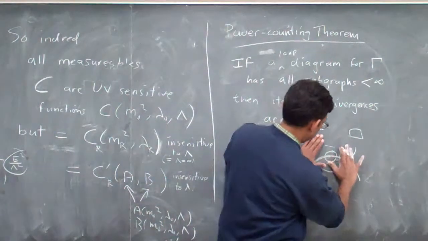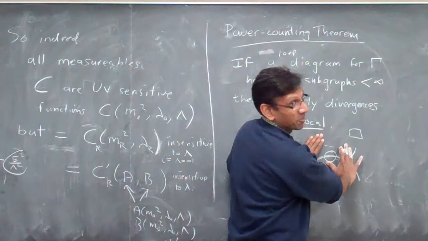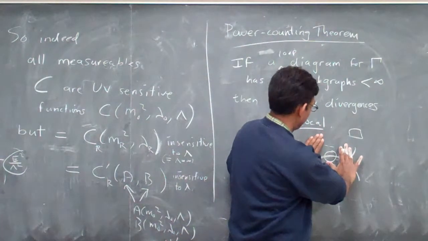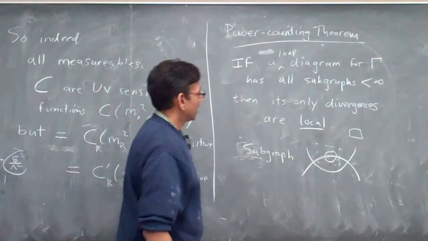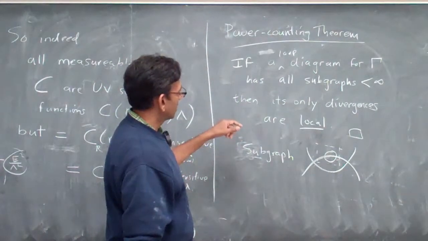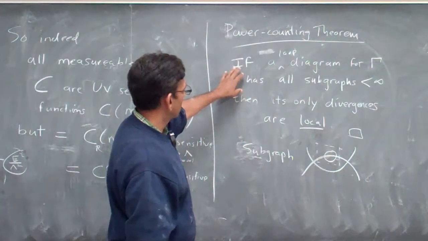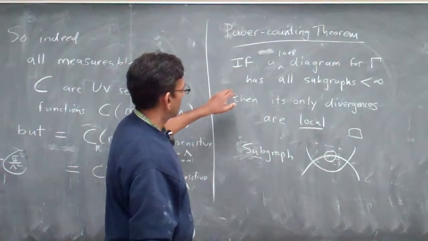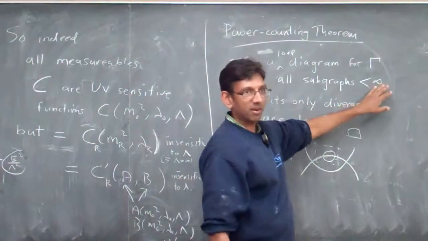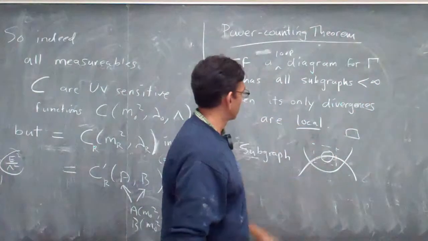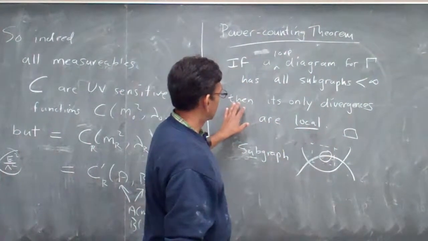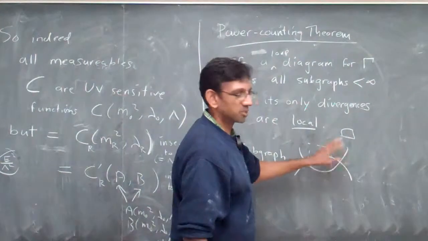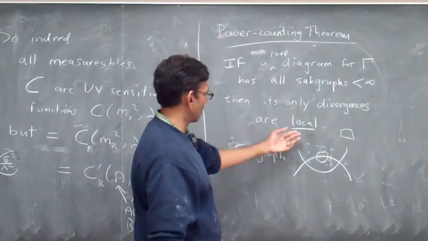Inside the box is lying a subgraph. And this is the entire graph. Now the claim is that if a loop diagram has all the subgraphs being finite, then the only divergences that it gives rise to are local in form.